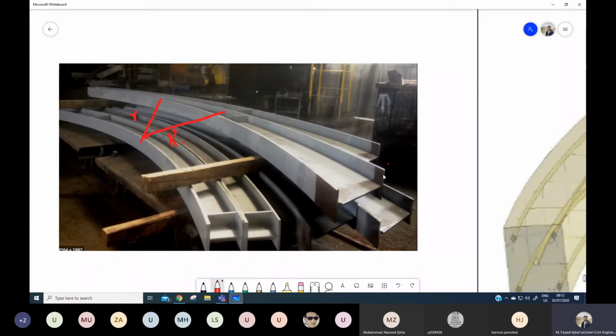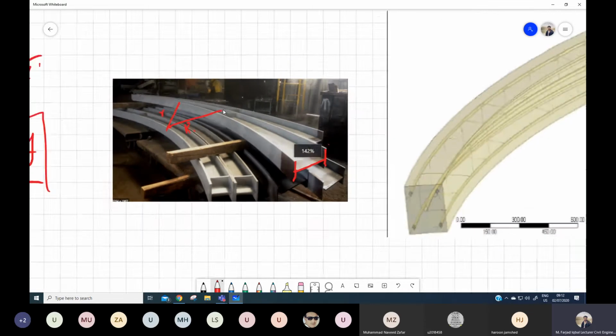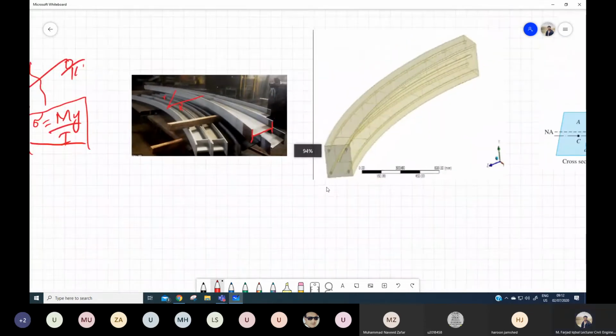For example, for this beam the cross section is an I section, and for this beam it is a rectangular cross section. So the types of sections we use for constructing curved beams are similar to those of simple straight beams normally used in construction. But for these beams, the formulation of stresses is quite different.